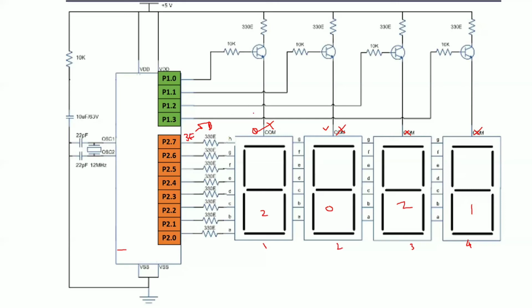Now look at this picture again, I have taken 4 pins from port 1. What about the remaining 4 pins, sir? You will ask me that question. If you pay attention to the I/O ports, any I/O port can be accessed by individual bits.